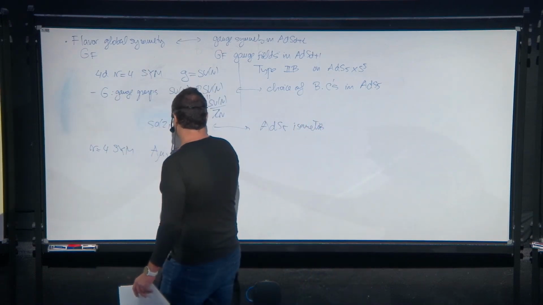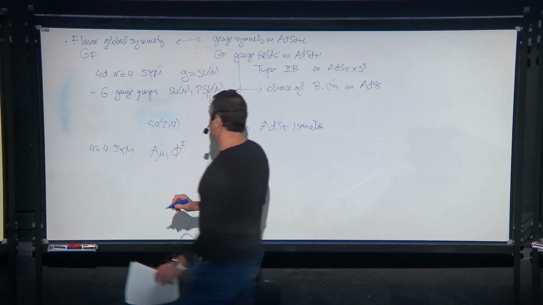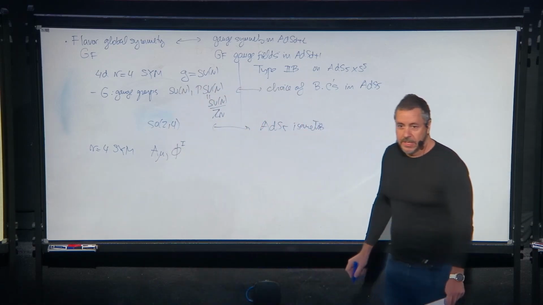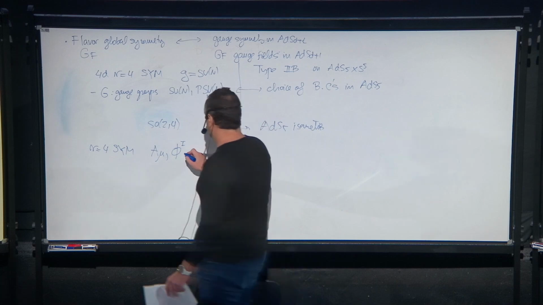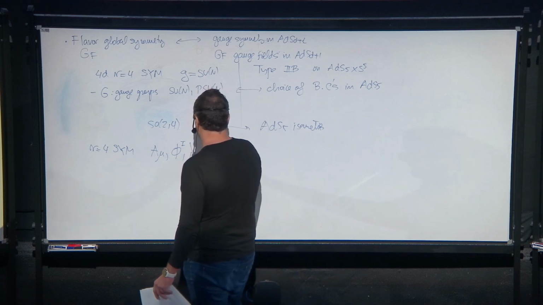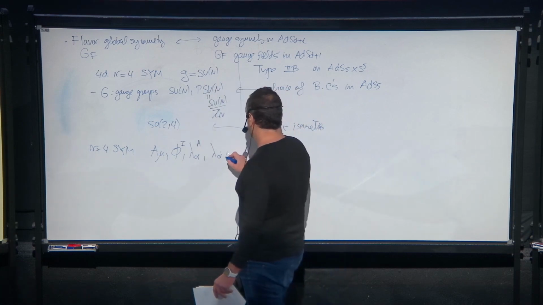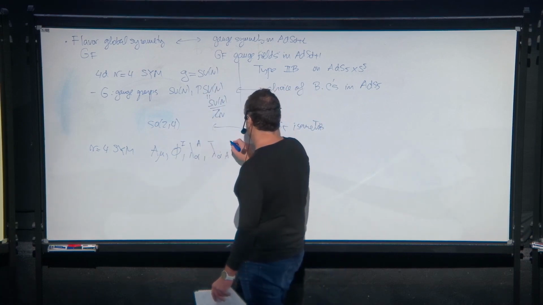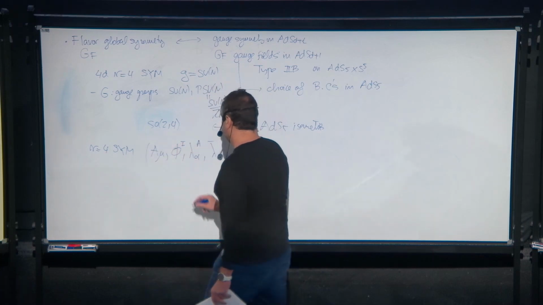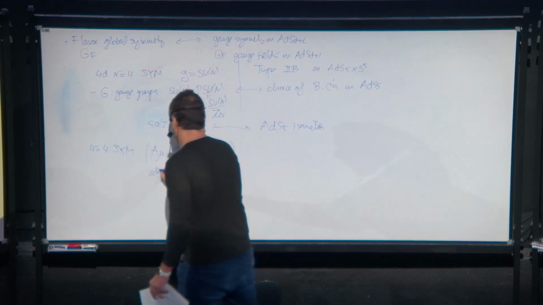It has 6 scalars. You will understand later where the number 6 comes from. Then it has some fermions, chiral fermions of both chiralities. Okay? They all transform in the adjoint of the gauge group.